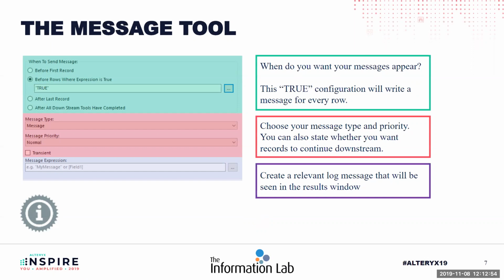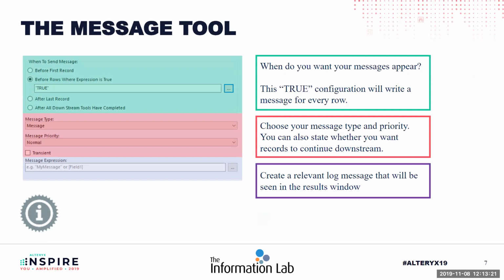So this is about, do you want to send a normal message? A normal message gives you black text in your messages. You can also send warnings. If you sent it as a warning, you'd get yellow text. You can send it as a conversion error, and that will give you an orange bit of text, or you can send it as an error and you get one of those red error messages in Alteryx.